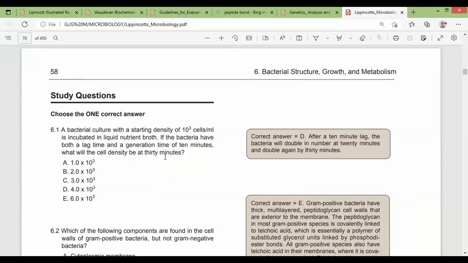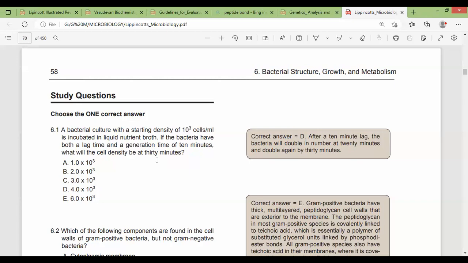So for the first 10 minutes, the number of bacteria will still be 10 to the power of 3. Then after 10 minutes, we enter our replication phase, our log phase.